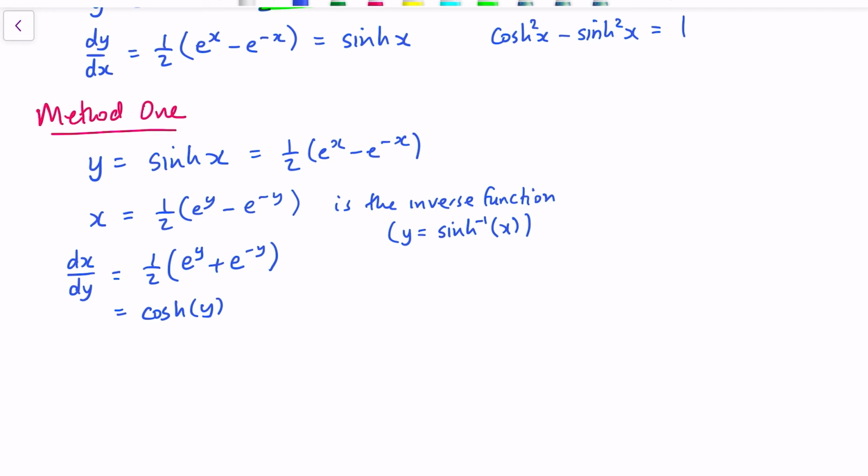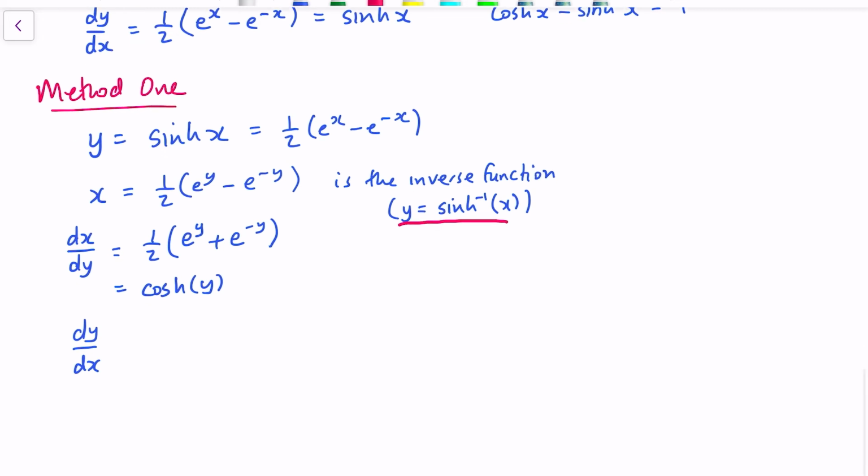So dy dx, which is the thing I wanted to find, and bear in mind that y is equal to the inverse sinh function now, because I switched them around. Okay, at this point here, I switched the letters around. So dy dx is actually the thing I want to find. Well, that's going to be equal to 1 over cosh of y.